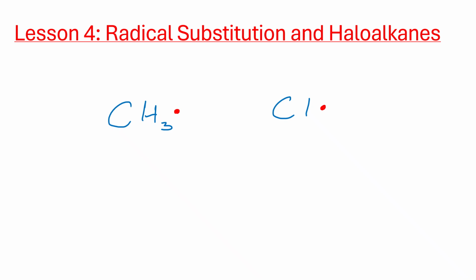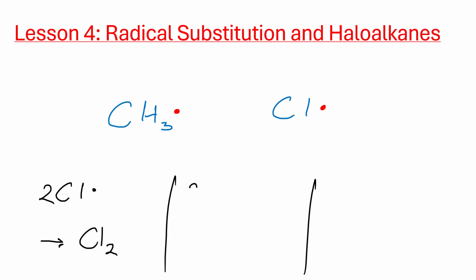Since we have 2 radical species in this reaction, there are 3 possible termination steps. First step is between 2 halogen radicals, which provides us with our original halogen molecule.